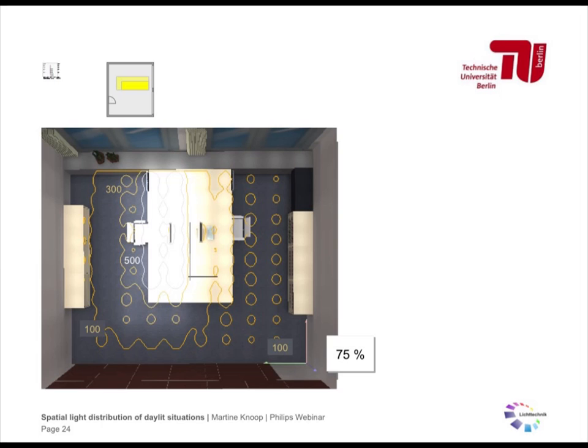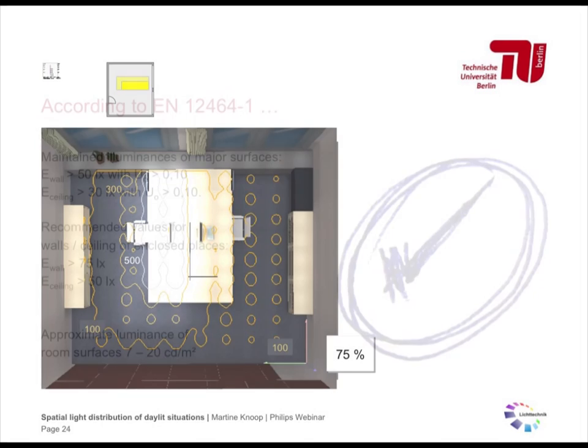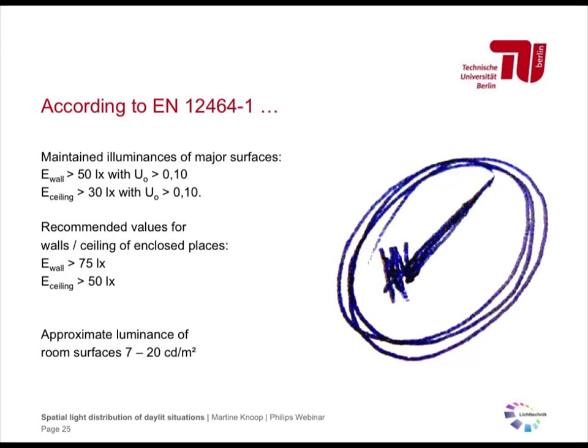He already indicated in 2010 that these lighting solutions might not be comfortable for the user of the room, not because of the lower horizontal illuminance in the room, but because the walls might become too dark. And this was already used somehow in the EN 12464, the European standard.